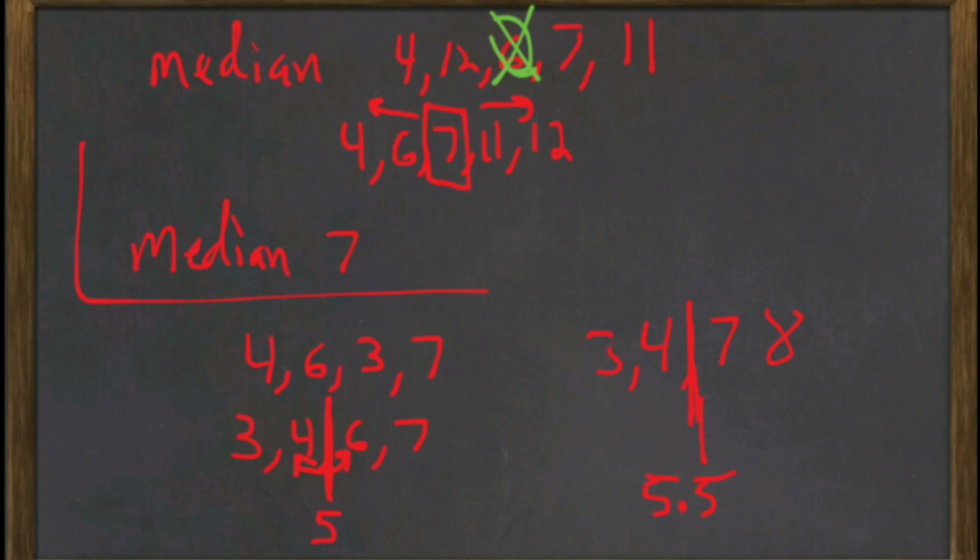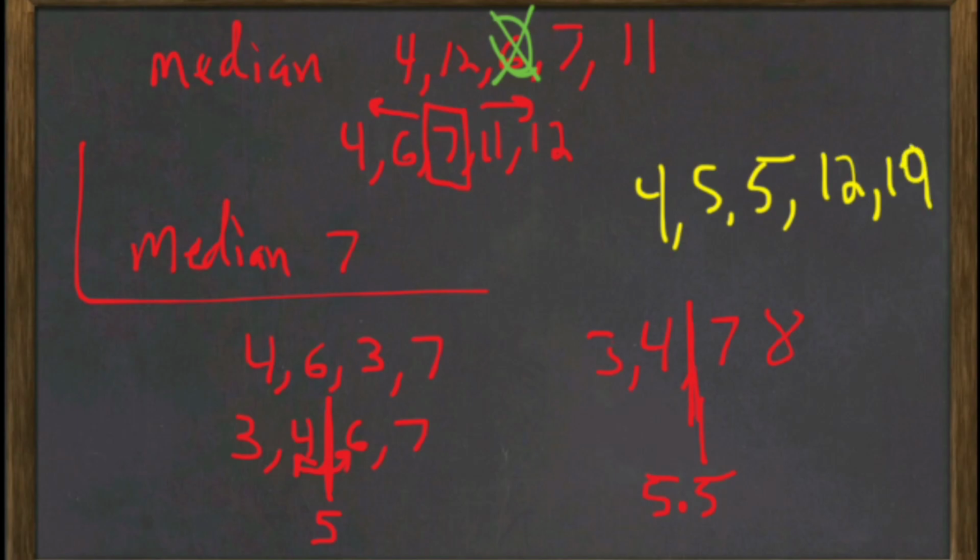In our case, we don't actually have a mode in any of these, but you could imagine data that was something like 4, 5, 5, 12, 19, and in that case, 5 would be the mode. So it's the observation that shows up the most frequently.